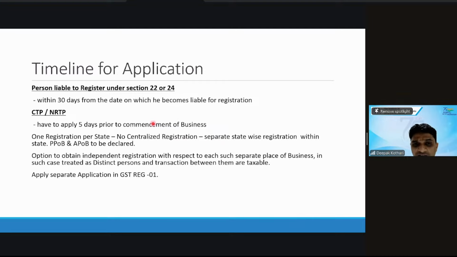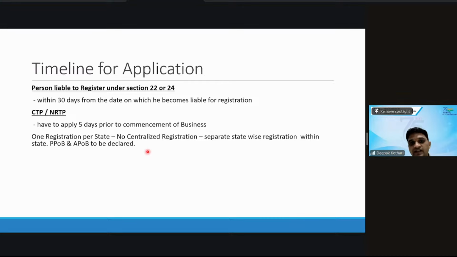Then if they have multiple places of business in one state, if you have set up a head office, you have a branch office, then for those branch offices, you need not take separate registration. You can include it in the main registration and add those places as additional place of business. So PPOB means principal place of business, which is the main head office, and additional place of business is the additional places.